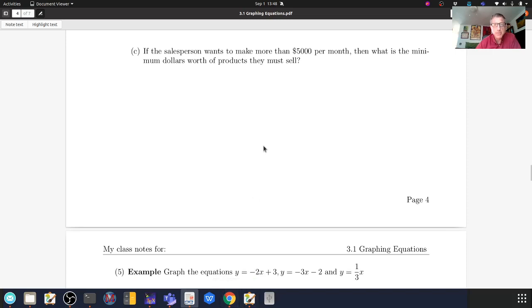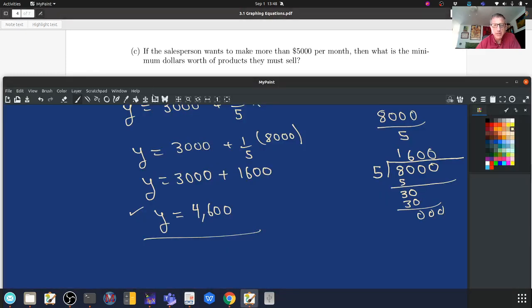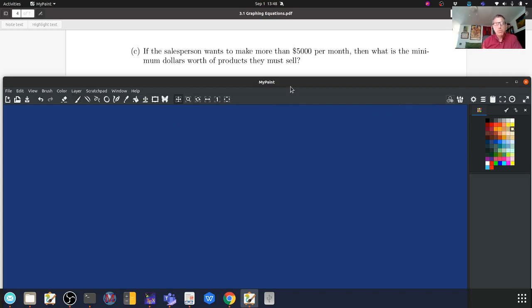If the salesperson wants to make more than $5,000 a month, then what is the minimum dollars' worth of products they must sell? So let's translate this into the equation. The relationship given is Y is how much he wants to make, and he wants to make $5,000 a month. He has to make at least $5,000 a month.